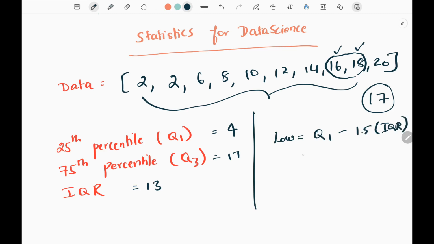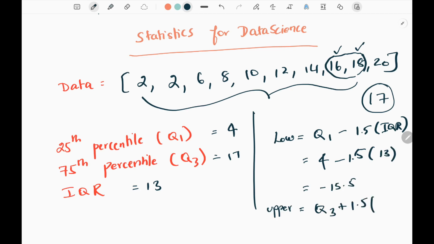So if I just substitute the values here, 4, 1.5, and we need to multiply 13, that is the IQR. So we are going to have negative 15.5, right? So to calculate the upper bound, we need to add Q3 and we need to multiply 1.5 with IQR. So if we substitute the values and calculate, we are going to have 36.5, right?